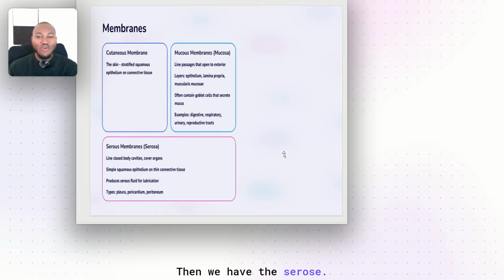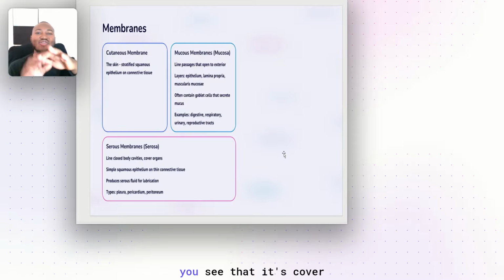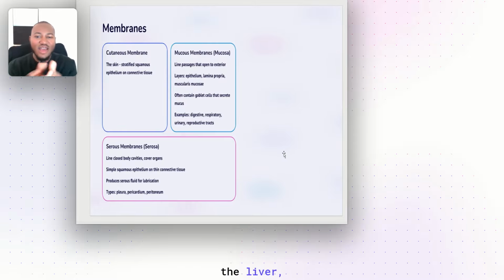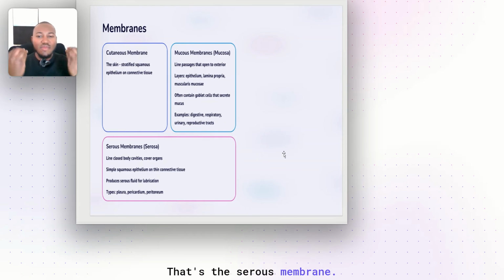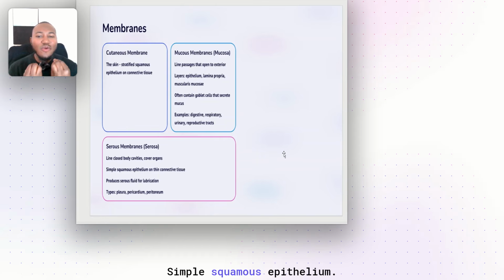Then we have the serous membrane. That's the serosa. Serous membranes line body cavities and cover organs. So if you have done heart dissection, for example, if you bring out the heart, you see that it's covered. Those things that cover the organs, the liver, all of them, have a covering. This is called the serosa. That's the serous membrane. And they are usually simple squamous epithelium. They produce fluid for lubrication.